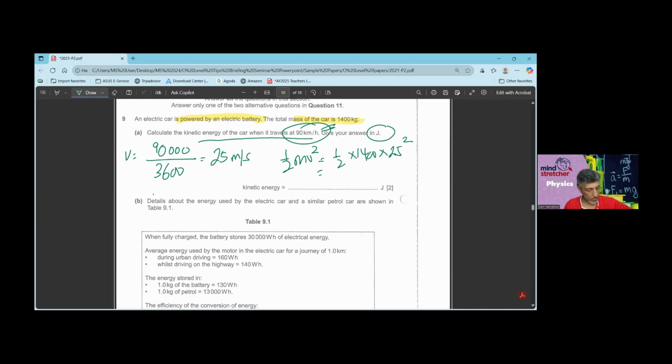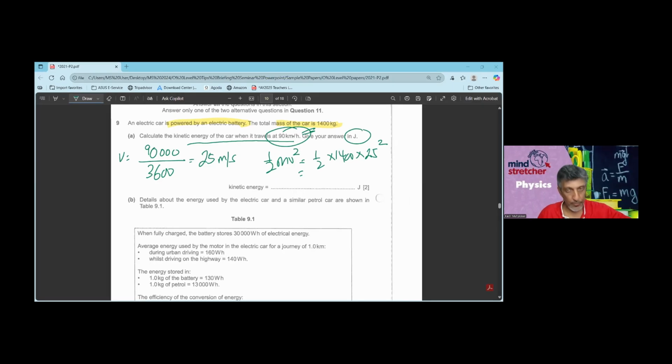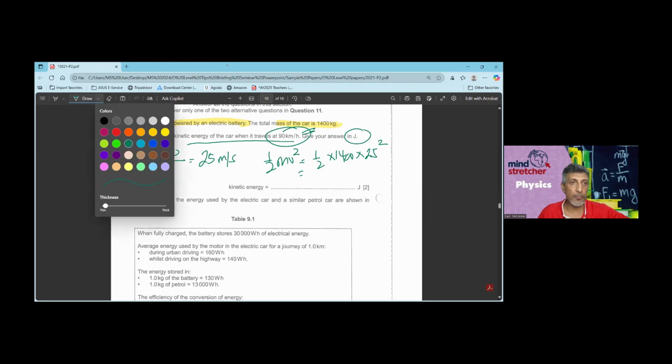You work it out. Guys, work out the correct value. Please be careful. 1,400 times 25 squared.